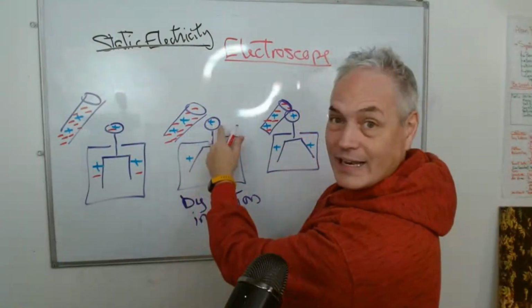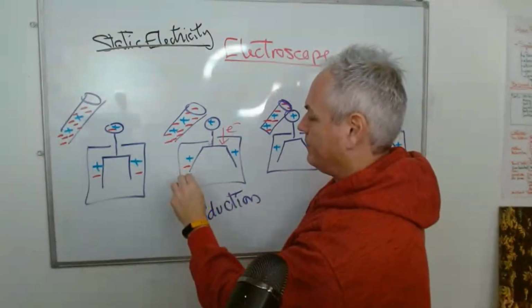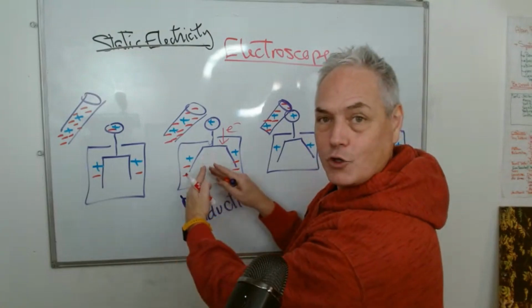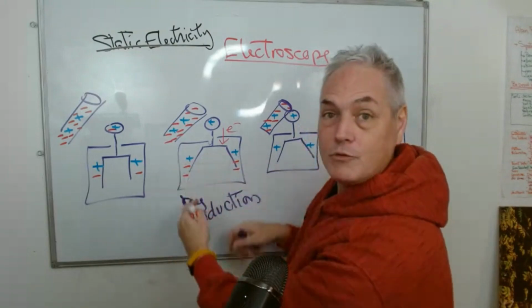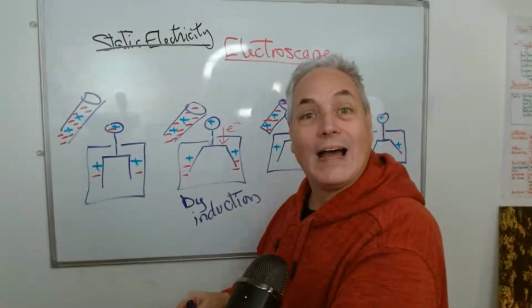So here you have the electrons moving down, and now you have more electrons at the bottom, and therefore the two little leaves will move away from each other.